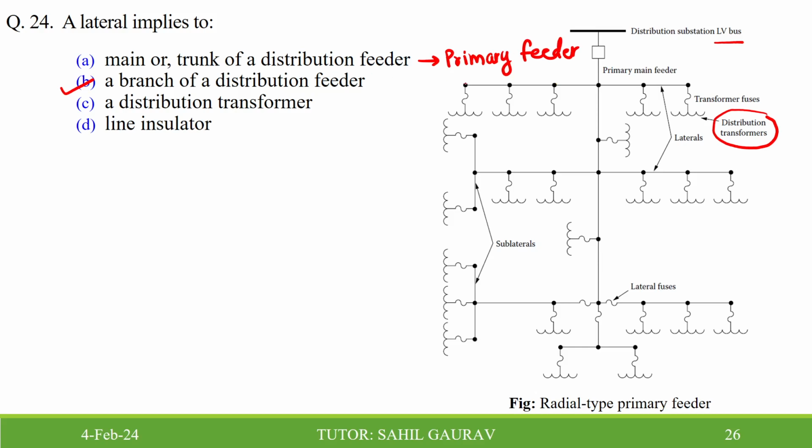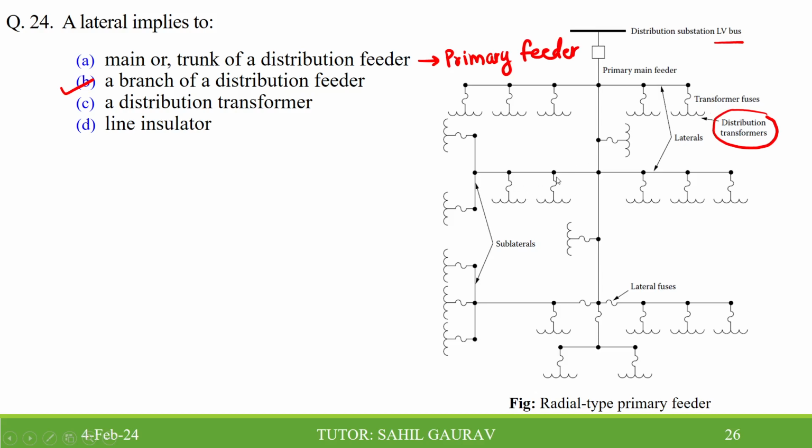Here in this problem, I just want you all to understand that we have this primary main feeder, and it has laterals. The primary main feeder has several branches, which we call laterals. Then we have distribution transformers.